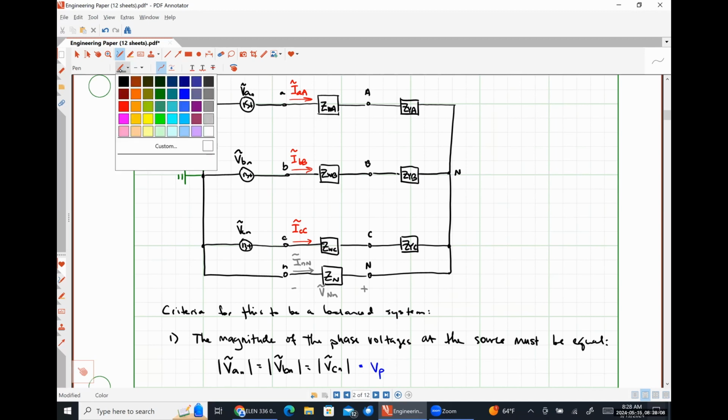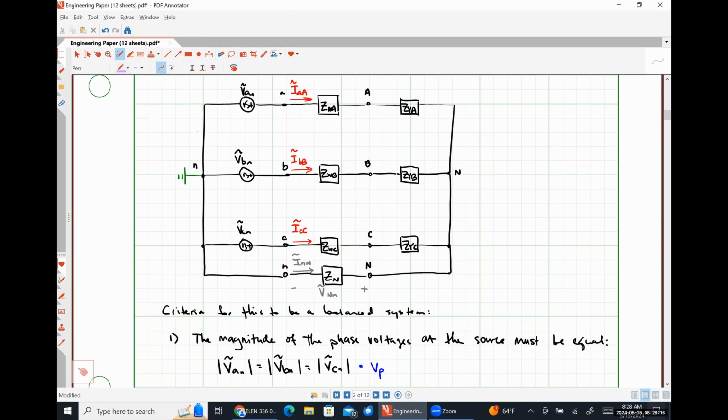So if I were to write a KVL equation for the A phase of my system, I would start from this neutral, go around in this way, and end back at that same neutral node.